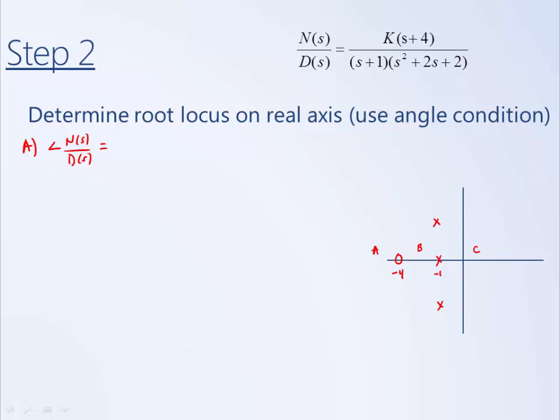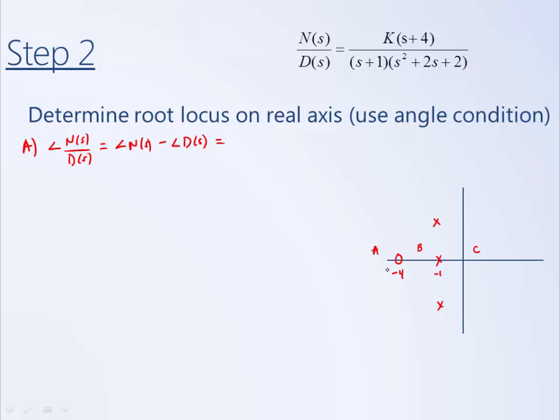So you can imagine them in sort of an exponential form or Euler form, where the angle of the numerator subtracts the angle of the denominator complex number. And so another way to think of this is these are angles from zeros, and these are angles from poles.